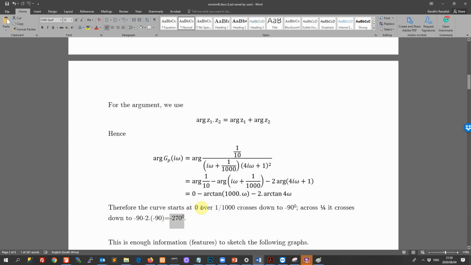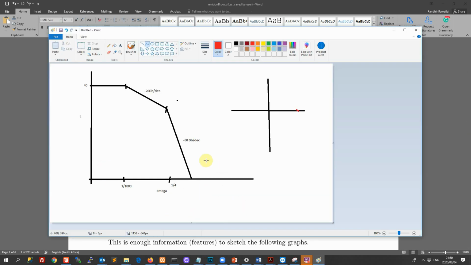So we expect to start from 0. I'm just going to draw it on the same axis.